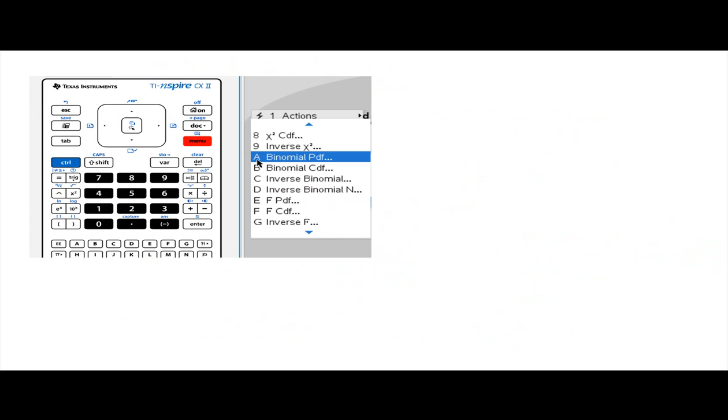Okay, and one last thing I wanted to mention, just to make sure it's clear to everybody, the difference between binomial PDF and CDF. You want to use binomial PDF anytime you're calculating a probability where x is equal to some number. So anytime it's a binomial distribution question and you're calculating a probability where x is equal to any number, you use binomial PDF.